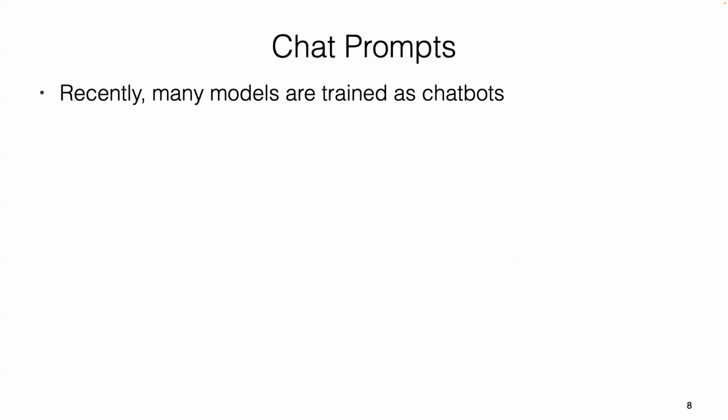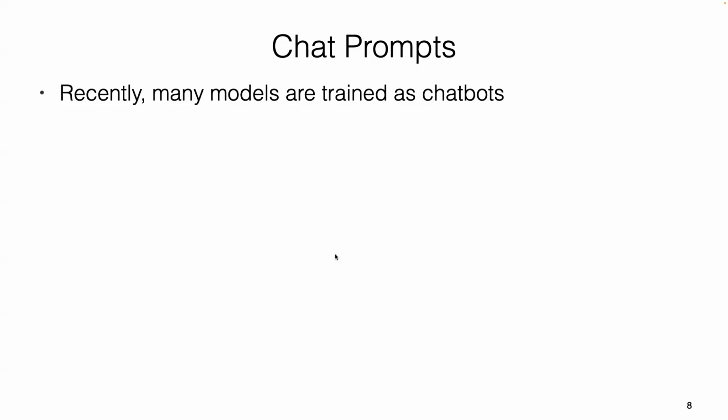Recently, these models are often fine-tuned to be chatbots. I was debating whether to put the fine-tuning lecture or this one first. Ultimately, I put this one first since it somewhat relates to pre-trained models.